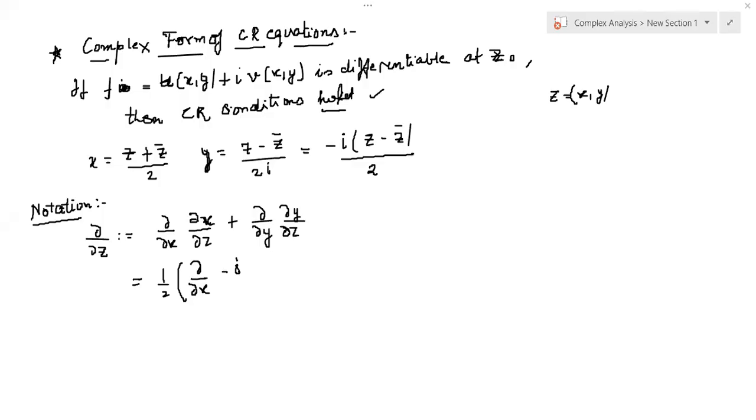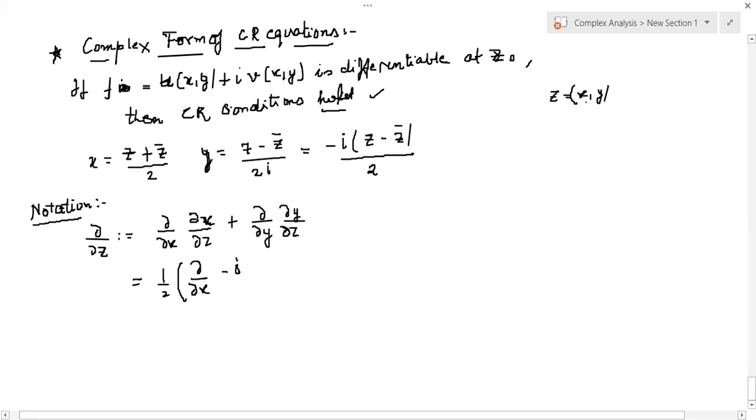Interruption came. Okay, so what I was telling was, I know that if f is equal to u plus iota v, and if it is differentiable at z naught, then Cauchy Riemann conditions hold. And I had introduced that x is equal to z plus z bar by 2 and y is equal to z minus z bar by 2 iota. And now I'm introducing the differential operator del by del z.